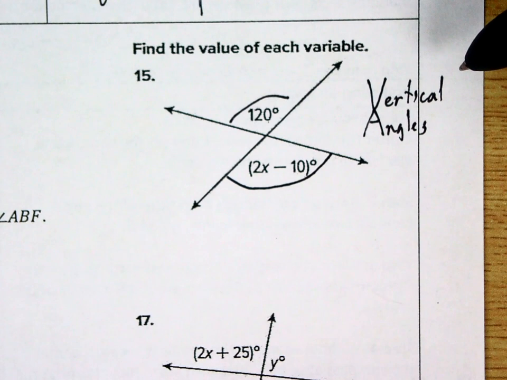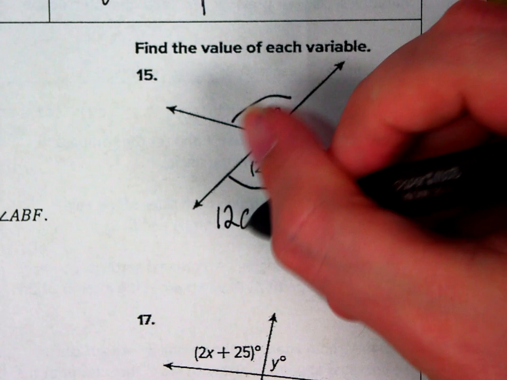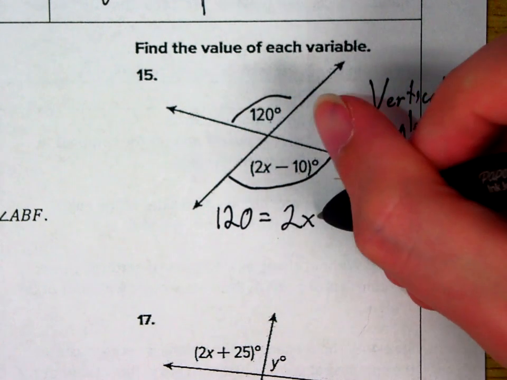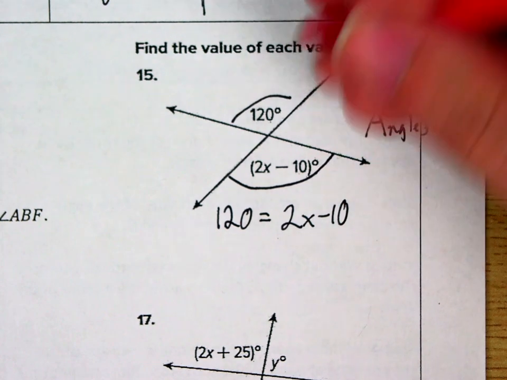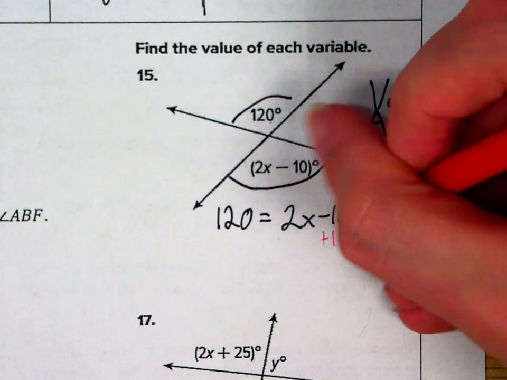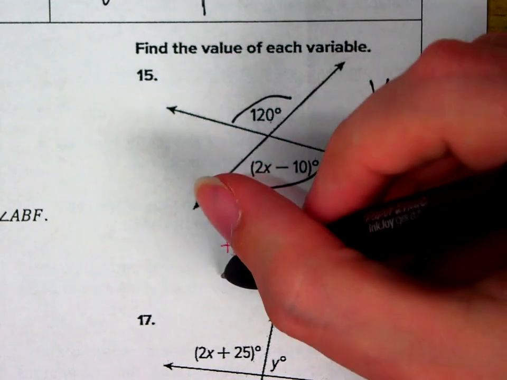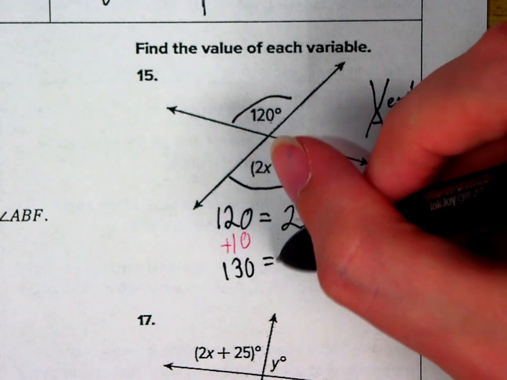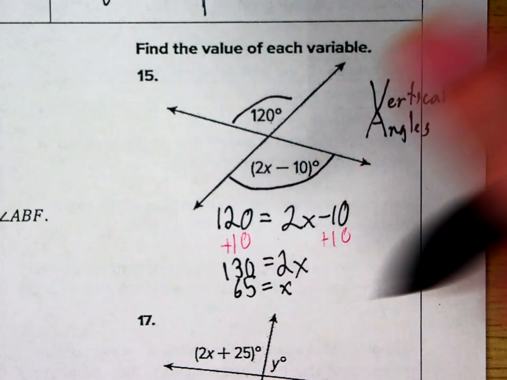Remember, vertical angles are congruent. So we get to set 120 equal to 2x minus 10. And we'll solve for x by adding 10 to both sides. We'll get 130 equals 2x, or x equals 65.